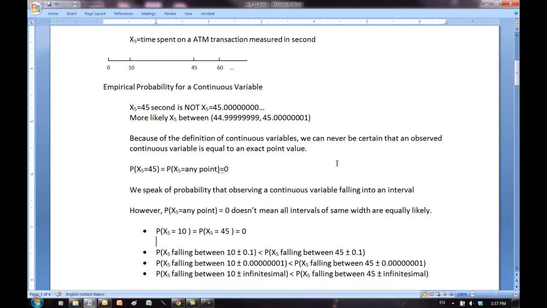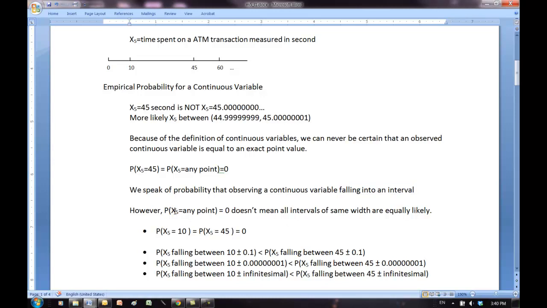In other words, we will never be certain to observe a continuous variable equal to an exact point value. We describe mathematically P(x = 45), or any point, as equal to 0. And therefore, we need to speak of probability for a continuous variable by the chance of it falling within an interval.